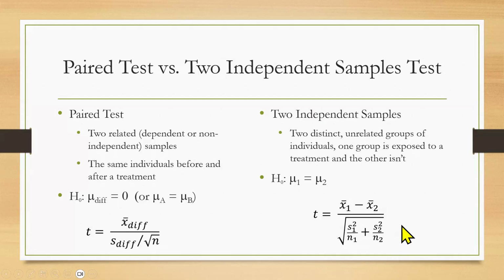Now, we have to combine together, or pool together, the variances and the sample sizes between the two different groups. This is a simple calculation formula that I'm going to give you to use by hand. There's a more complicated version of how to more accurately pool the variances. We're going to let Excel do that for us.